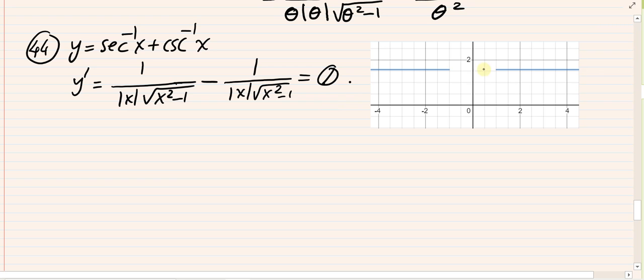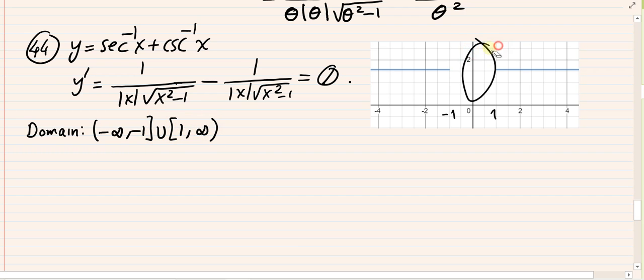Notice there is a gap in here between -1 and 1. The reason has to do with the domain of secant and cosecant, because the domain of both of those turns out to be from -infinity to -1 union 1 to infinity. It's for that reason there's nothing in here. So that's interesting. I was just curious, and that's what it turned out to be.